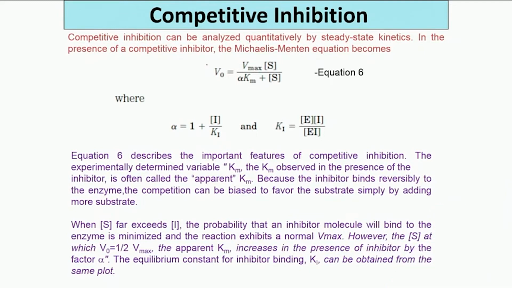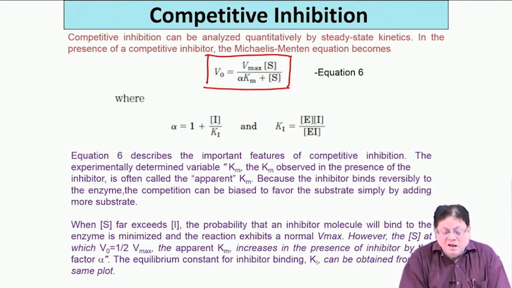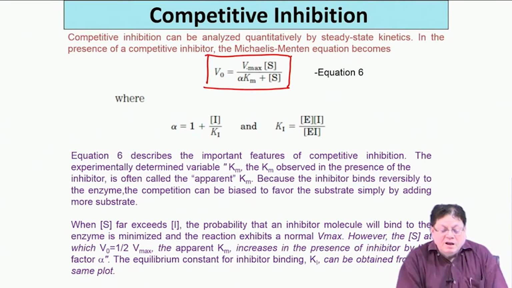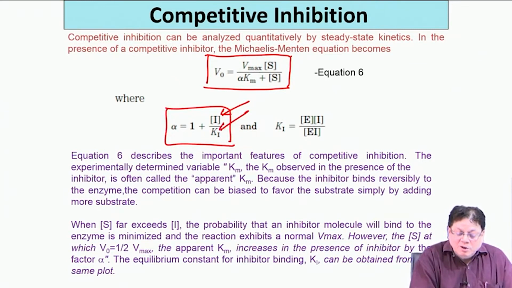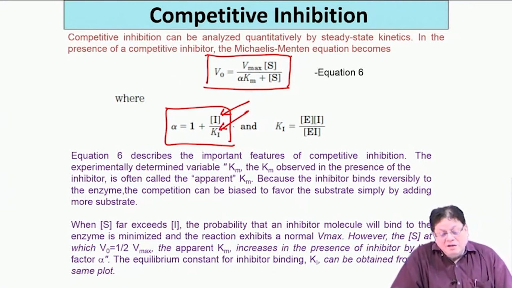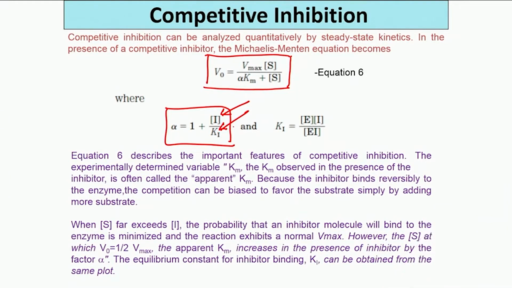And the Michaelis-Menten equation takes a different form. We are not going into the mathematics, but earlier you remember in absence of enzyme inhibitor, it was V0 equal to Vmax into S by Km plus S. In this case you have to put a constant, that is alpha, and this alpha depends on the inhibitor concentration, and also it depends on the Ki, that is now called the binding constant of the inhibitor.